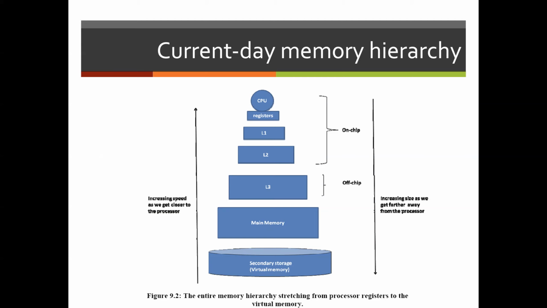You can then also access the L2 cache, which is slightly larger than the L1 cache. The L1 cache and L2 cache are both on the chip. The L3 cache is a lot larger than the L1 and L2 cache, typically at least the size of L1 and L2 combined, but it's so large that it's typically placed off chip.